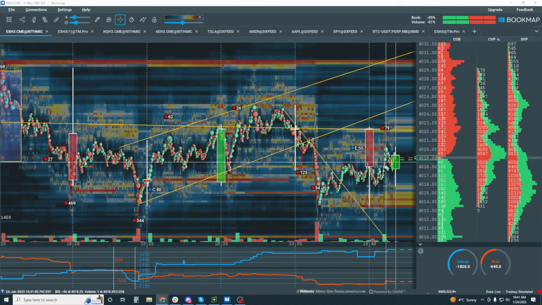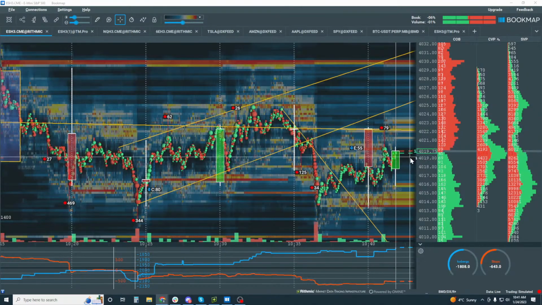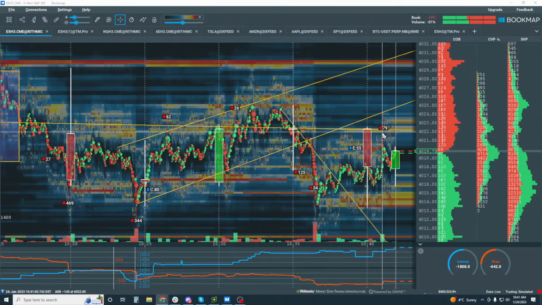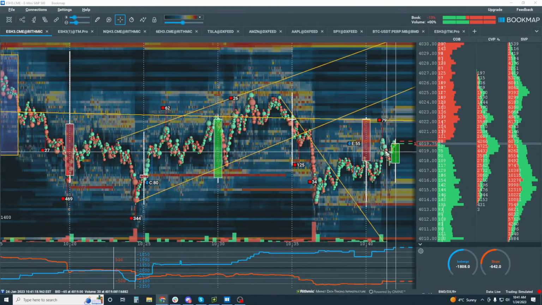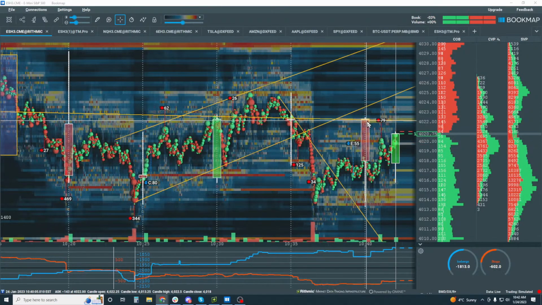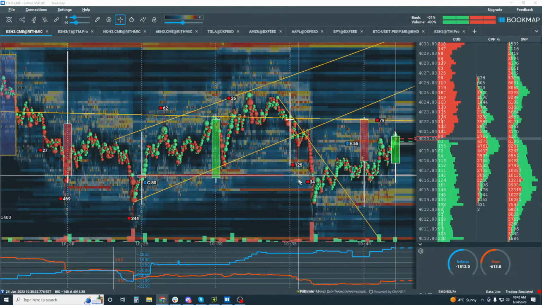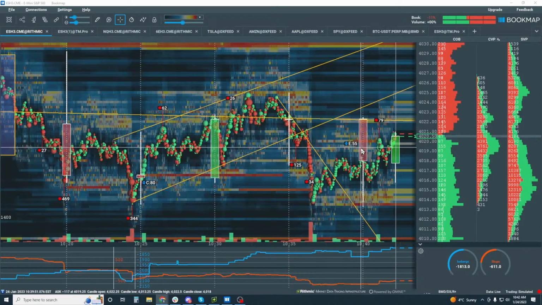Okay, so we're seeing the buyers come in here above this little structure. I don't know, a move back to retest this high here looks pretty good right now, but let's take a look here. All right, so the wick here is made up of this buying in here. Sellers moved it back down, the buyers moved it back up.